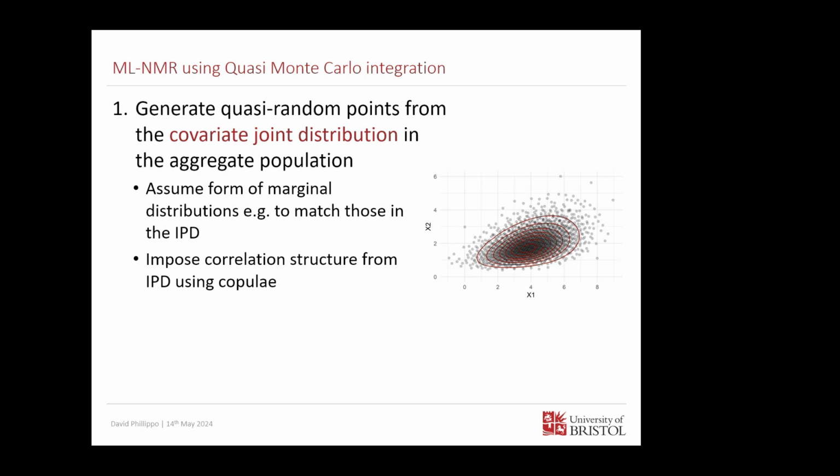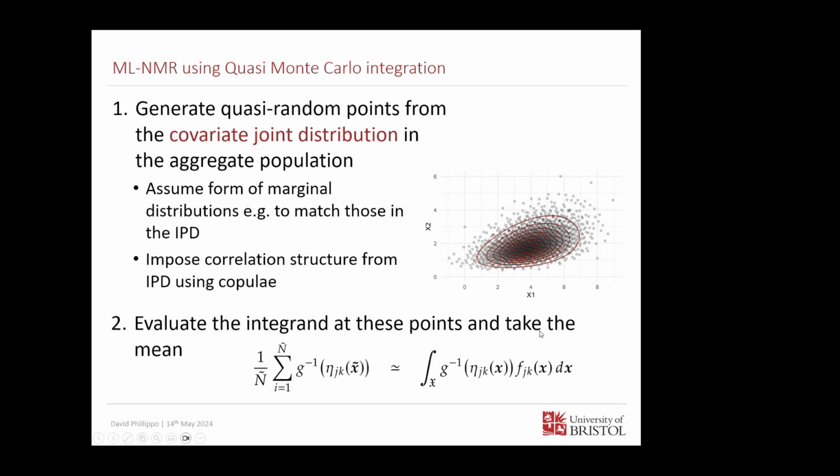So even if you've made some hideous errors here, it actually doesn't really seem to affect the results very much at all. So that's quite good. Once we've generated these points, we then just evaluate the model at each of these points and add them up, take the average. So we've turned this nasty integral into just a summation, into a mean, which computers are very good at.